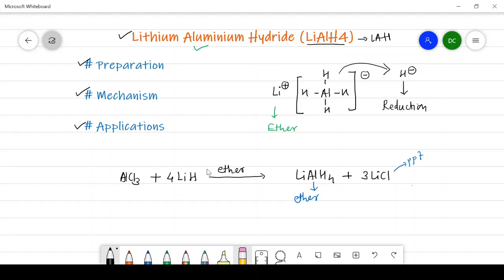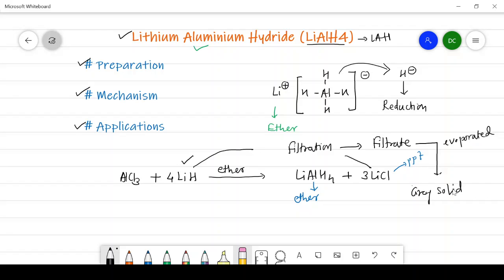If the reaction contains unreacted lithium hydride and this precipitate, these two solids are removed by filtration. The filtrate contains lithium aluminum hydride, which is evaporated, and finally we get a gray solid, which is lithium aluminum hydride.